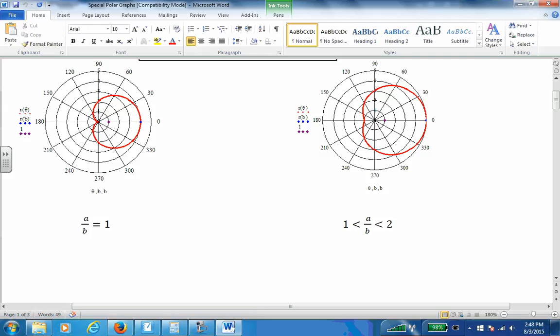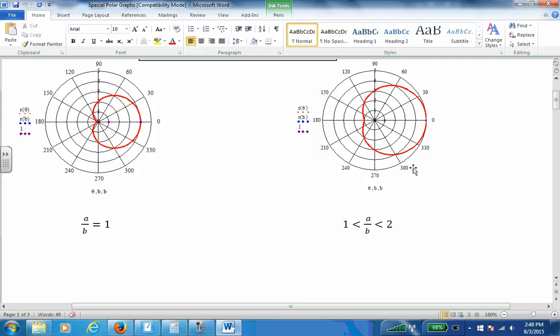Now, we have to keep in mind, that doesn't mean our graph is going to perfectly be shaped like that or turned like that. It could be bigger, it could be smaller, it could be rotated, but it is going to have that generic shape where we don't go through the origin. Instead of having a sharp bump right here, we have a little bit more of a subtle bump.